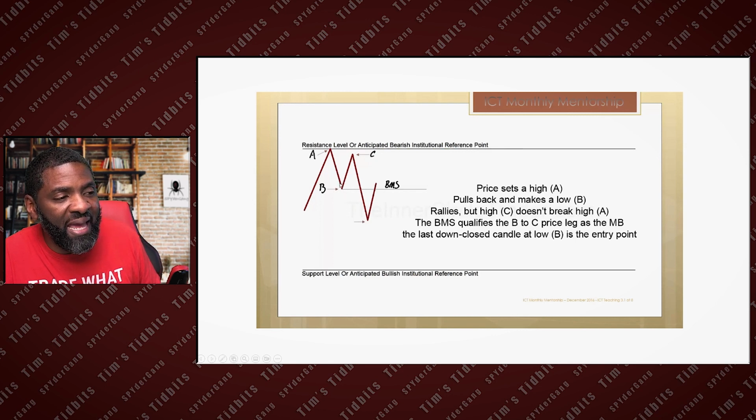You're looking for the last down close candle to go short off of. Meaning, when price comes back up to the breaking market structure after this high does not break that high, you come down and break through that low, and then you enter on the last down close candle on this leg. That's when you go short over here.